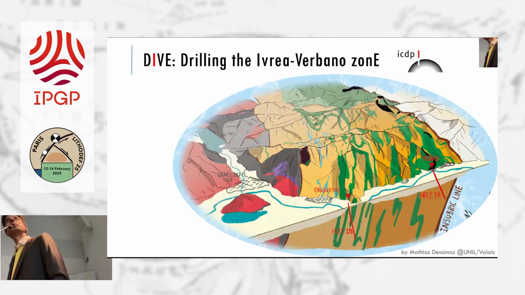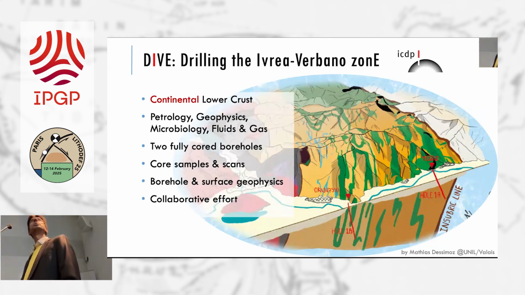Here you see a perspective view of the middle and lower crust. Our two boreholes in Ornavasso and Megolo have been drilled in 2022 and 2023-24. There's a lot of collaboration on this, especially from petrologists and geophysicists, but also some other fields like microbiologists looking for extremophile bacteria. France was represented by the Grenoble group looking for fluids and gases.